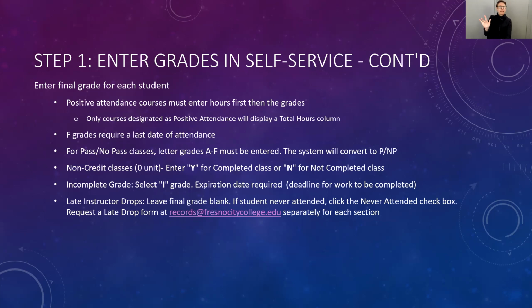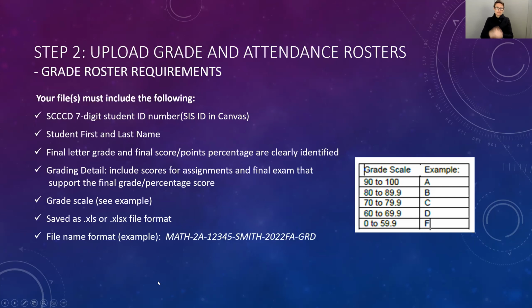If they never attended, you can click on the never attended checkbox. If you do need to do some late instructor drops, just email records@fresnocitycollege.edu for each section you need it for, and we will send you the link for the form to request those. Next, thank you.